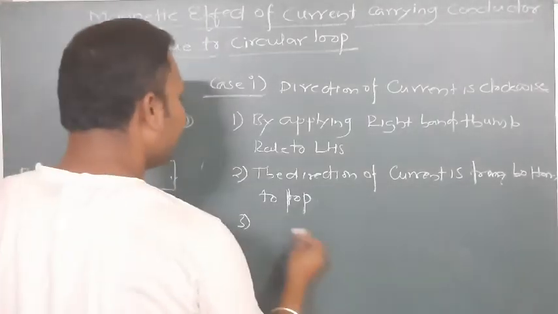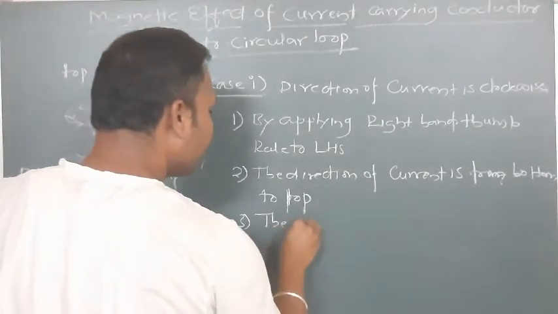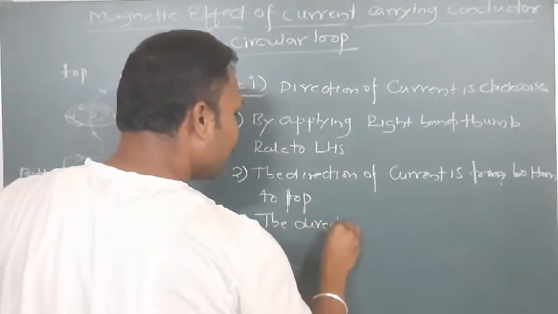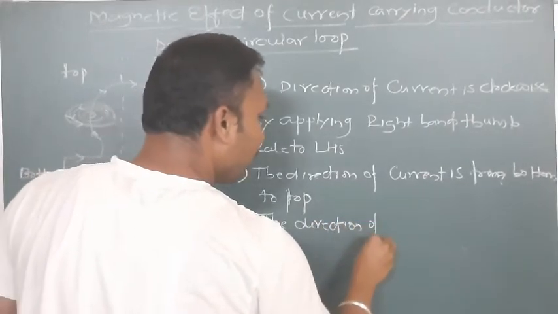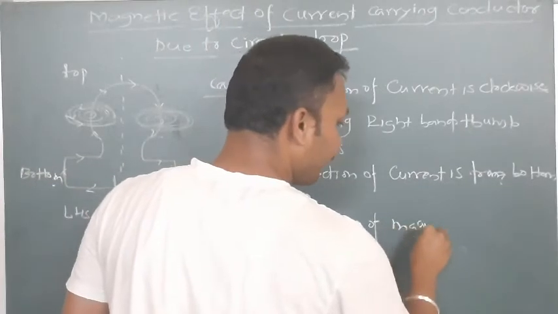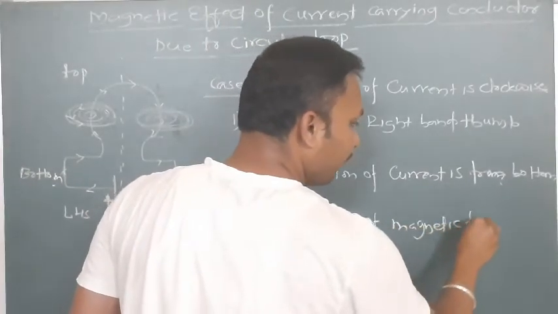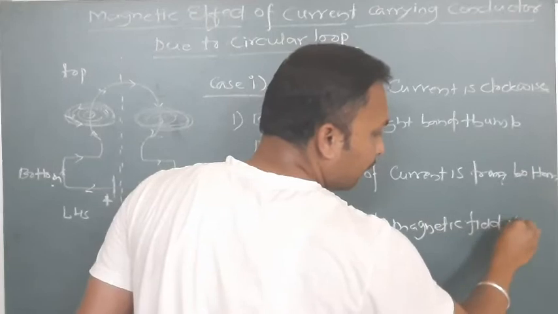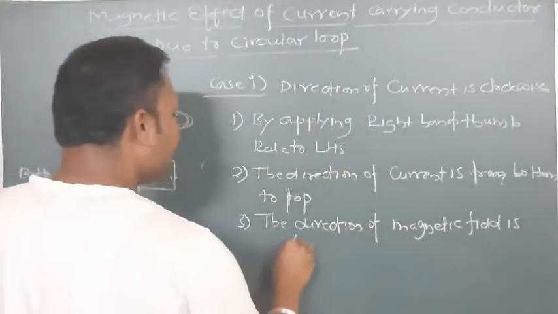So we can say the direction of magnetic field is anti-clockwise.